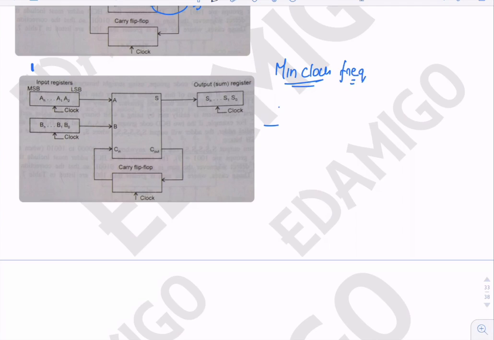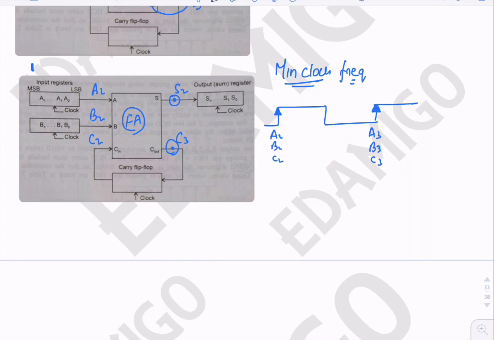Now let us see how this circuit is working again. So let us say that at this tick of the clock, here A2 and B2 are present, and here C2 is present. Okay, so A2, B2 and C2 are present. Now obviously this full adder will take some time to produce the output sum and the output carry, that is C3, and the sum, that is S2. Now at the next tick of the clock, we know that the input will be A3, B3 and C3.